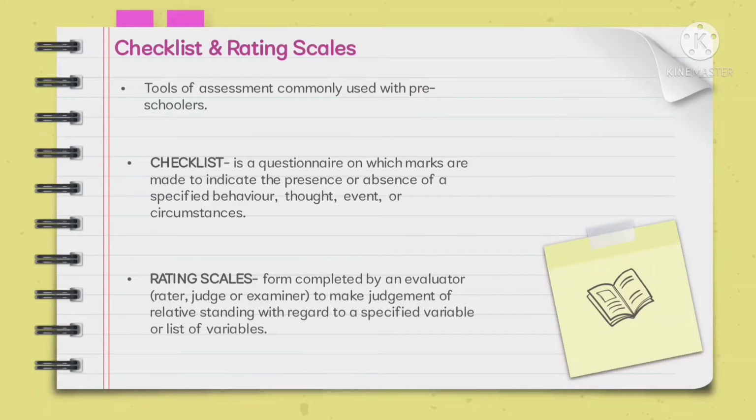For our purposes, we will define a rating scale as a form completed by an evaluator, rater, judge, or examiner to make a judgment of relative standing with regard to a specified variable or list of variables. As with a checklist, the target judgment may have to do with the presence or absence of a particular event or even its frequency.